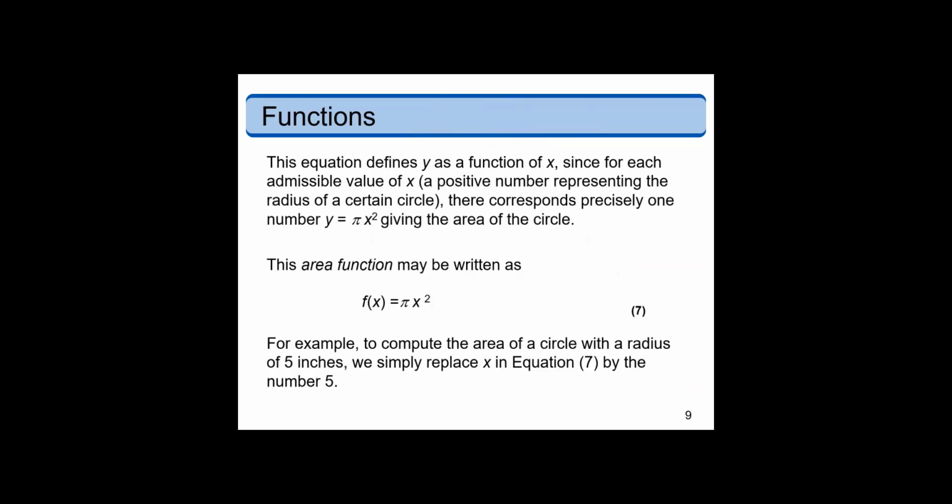Now let's do a little bit of analysis on this. Given this area formula, let's say the radius is 5 inches, that means x equals 5 inches. Now from here, we're going to replace x with 5.